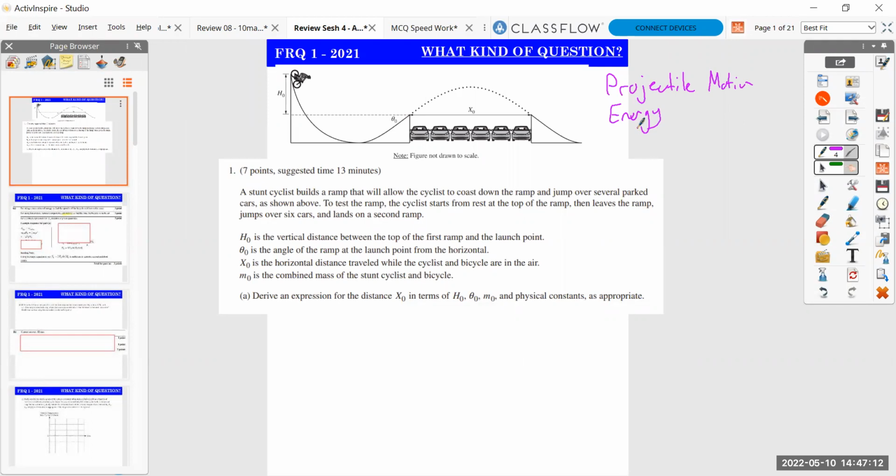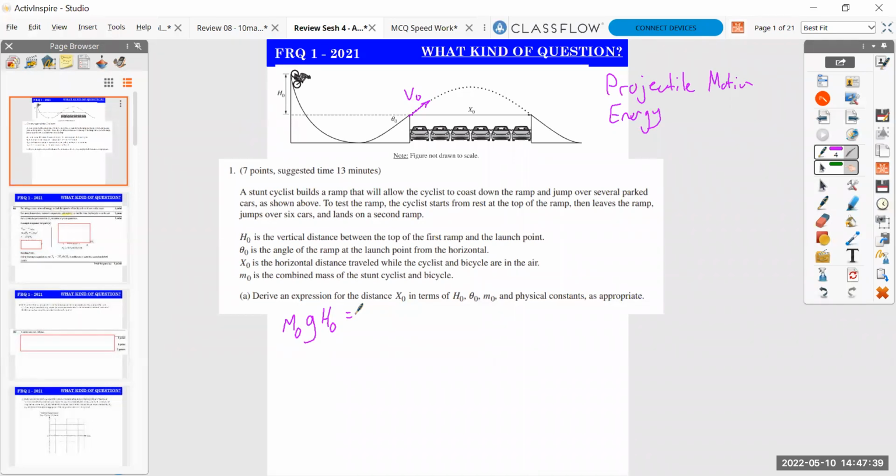So the first part is energy, because what we need in order to do our projectile motion is to know what is the initial velocity of the biker coming off the ramp. This part is conservation of energy. What we can do is say that we start with m0 g h0 worth of potential energy. Now, you would be forgiven for just writing mgh, but we do want to try to use the symbols they give us whenever possible.